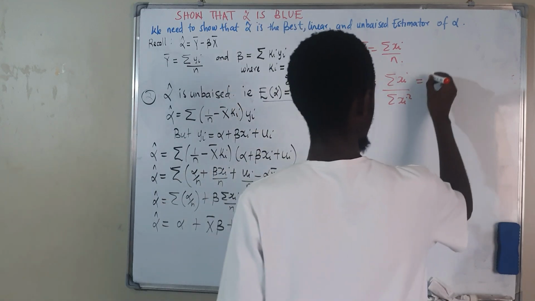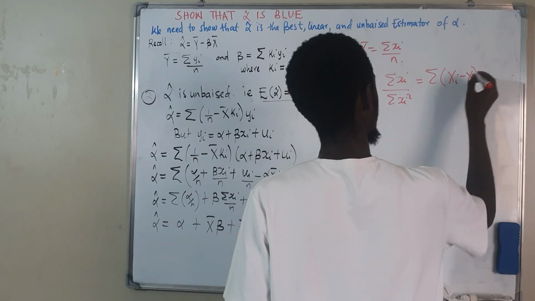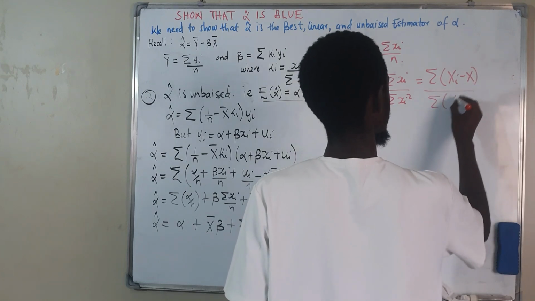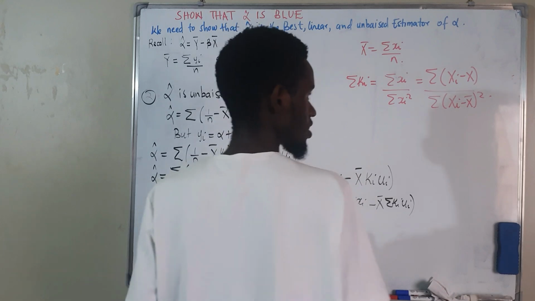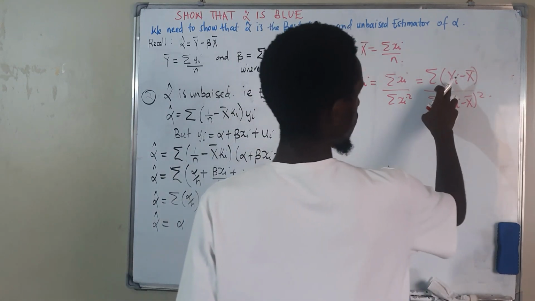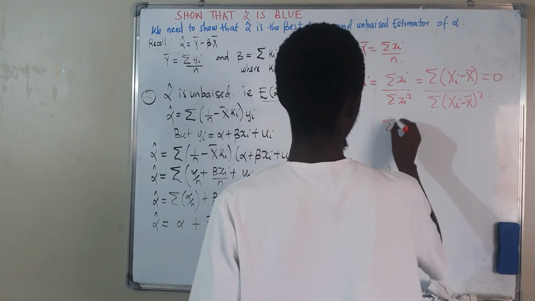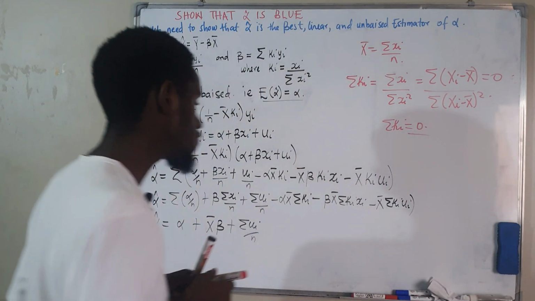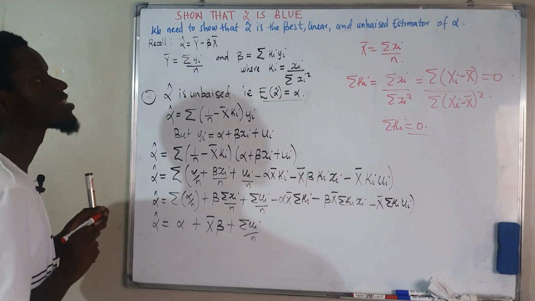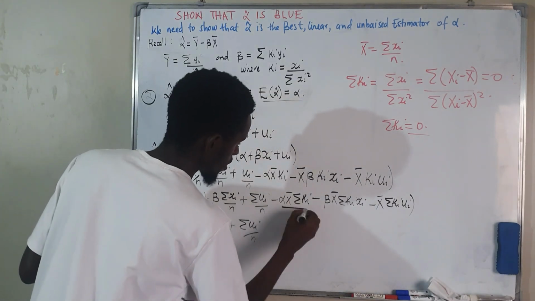But remember x_i here is x_i minus x bar, over summation of x_i minus x bar all squared. But you know that the sum of the differences from the mean is always 0. Therefore, we know that the summation of k_i is always 0. From that, the whole of this becomes 0, and then we shall ignore it.